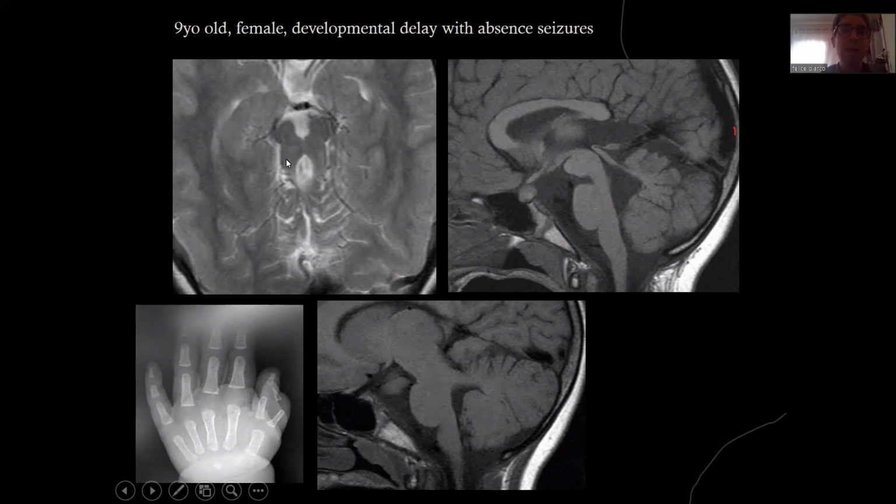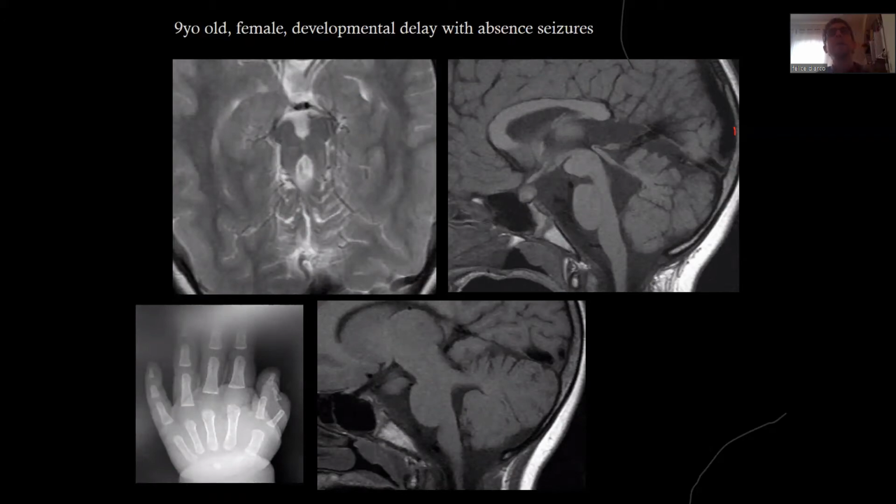This looks like a dent, like a molar, and this is what we call molar tooth. In axial, it depends on the orientation, but in sagittal, it will look like that. And of course, we know that there is something wrong in the hands, and in the midbrain and corpus callosum, and so on. But let's focus on this. When you see something like that, you call it Joubert.